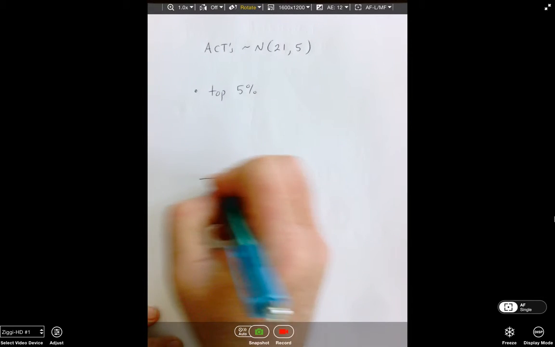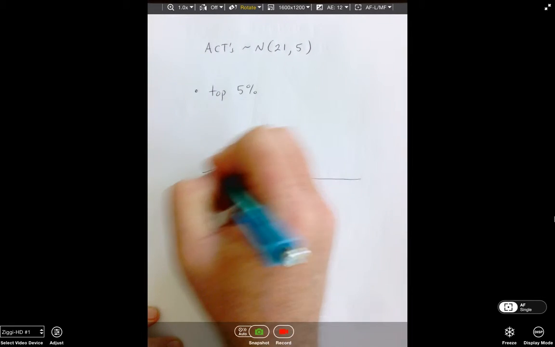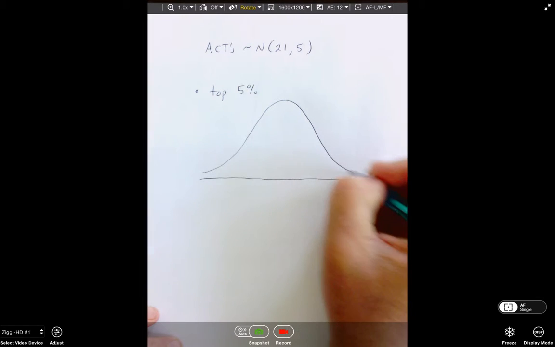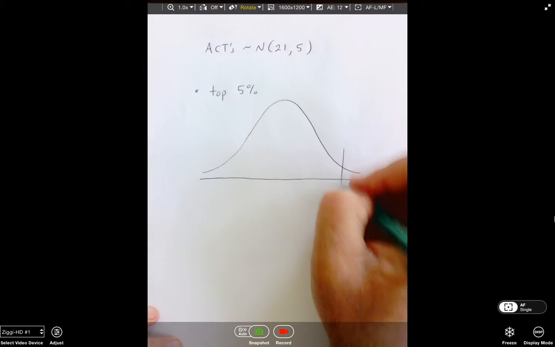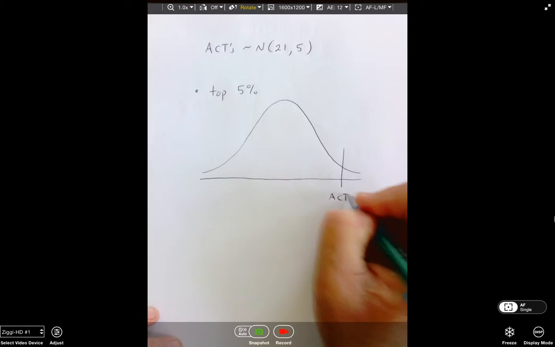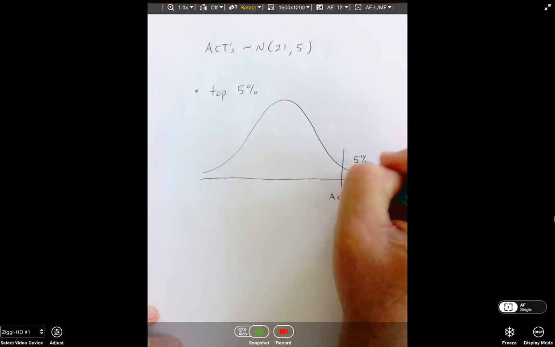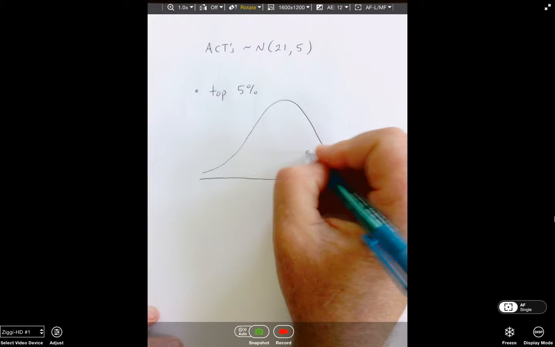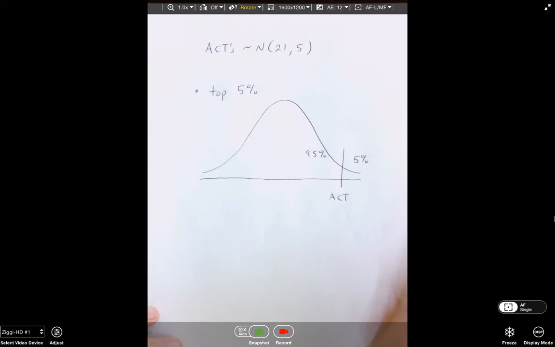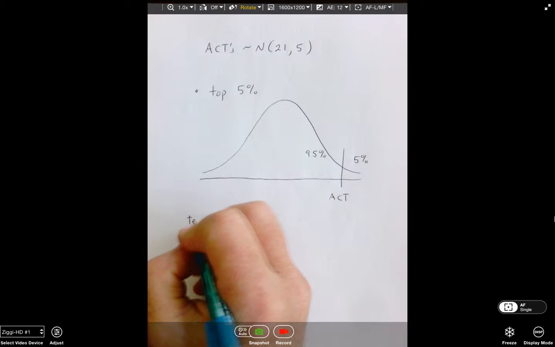So to give you an indication of what this problem looks like, we have some ACT score here that separates the top 5% from the bottom 95%.